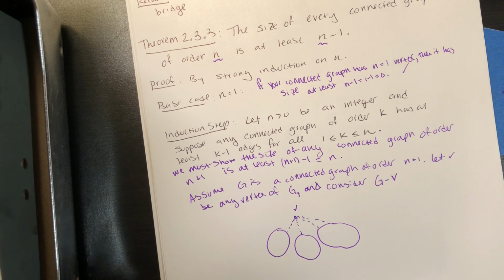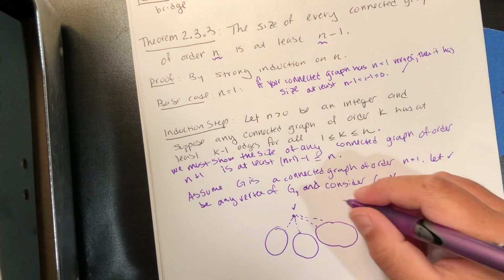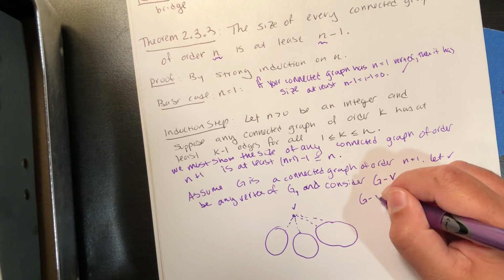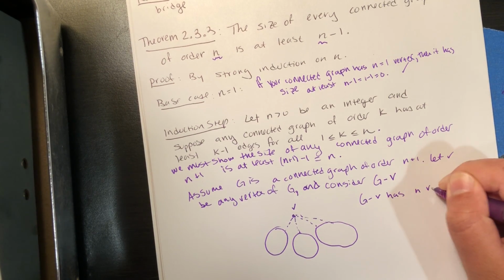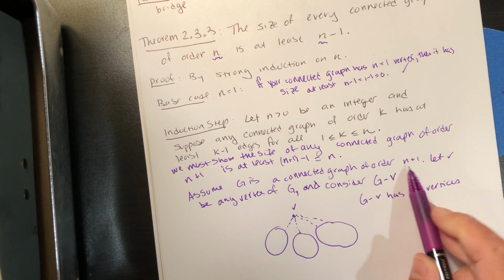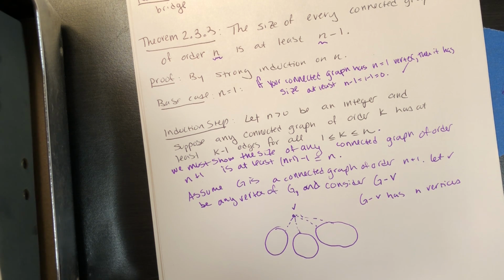And so we have that G minus V has exactly n vertices, because G had n plus 1 vertices, and now you've deleted one of them.